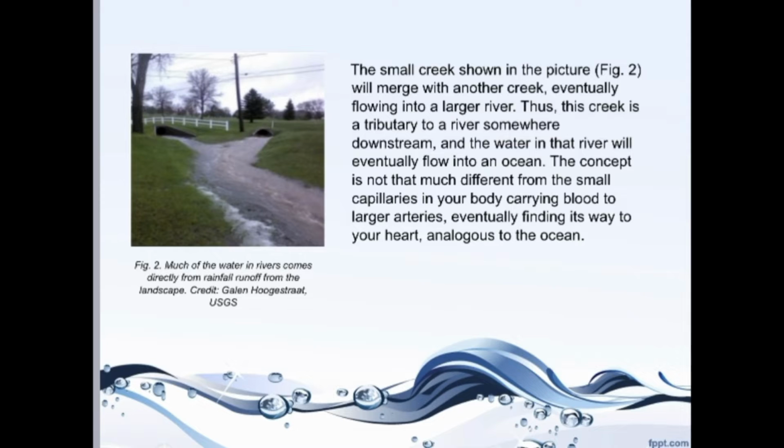Thus, this creek is a tributary to a river somewhere downstream, and the water in that river will eventually flow into an ocean. The concept is not that much different from the small capillaries in your body carrying blood to larger arteries, eventually finding its way to your heart, analogous to the ocean.